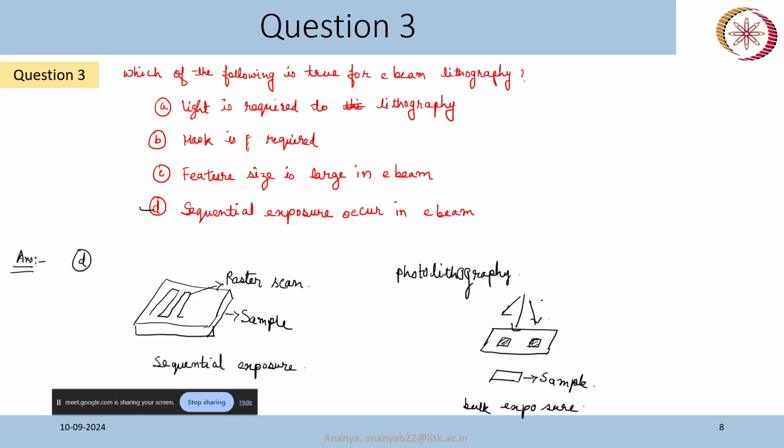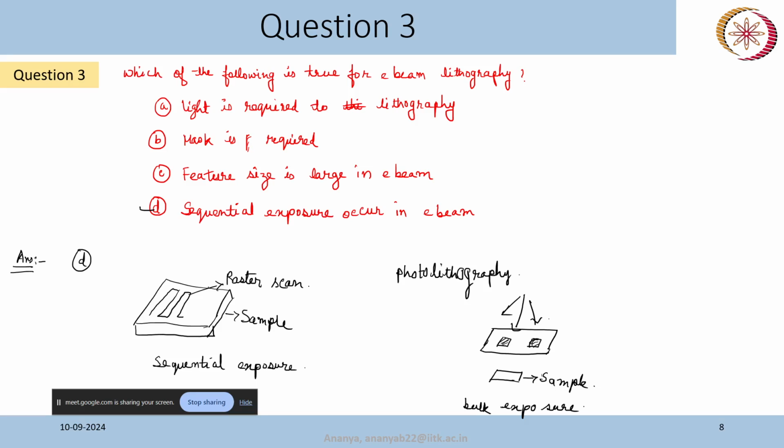Now photolithography is much faster because you expose the whole sample in one go. Okay, at least you can do a few centimeter by few centimeter sample, or say a 1 inch or 2 inch diameter wafer, in one go. In industry maybe that exposure will be a much larger area.